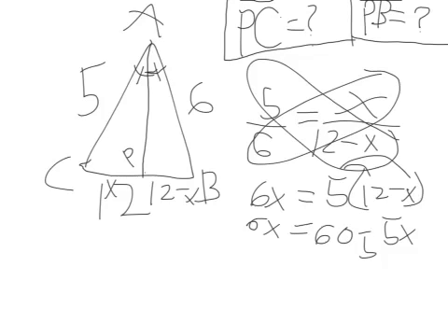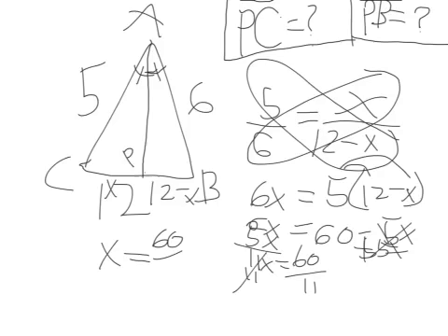So then let's add 5x to both sides. So we add 5x, we get 11x equals 60. So now let's divide by 11 on this side to get x isolated, and x equals 60 over 11.